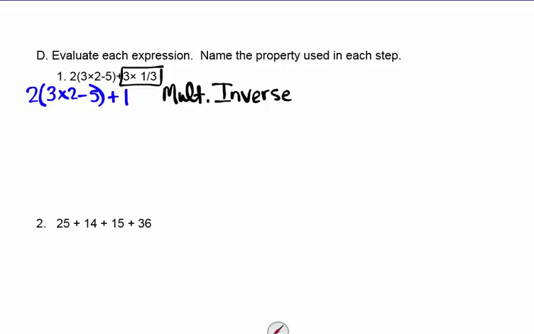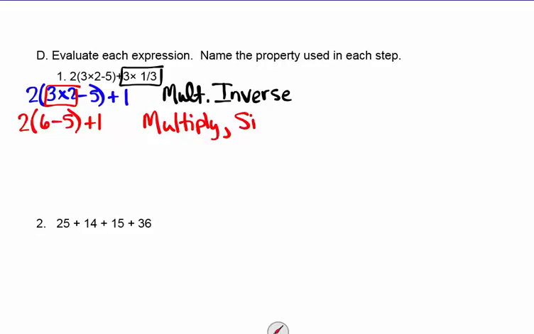All right, the next step is 2 times the quantity 6 minus 5, close my parenthesis, plus 1. What did I do in that step? I just multiplied. I multiplied 3 by 2 and I replaced it with the number 6. You can either call this step multiplication or you can use simplify because that's really what we did.